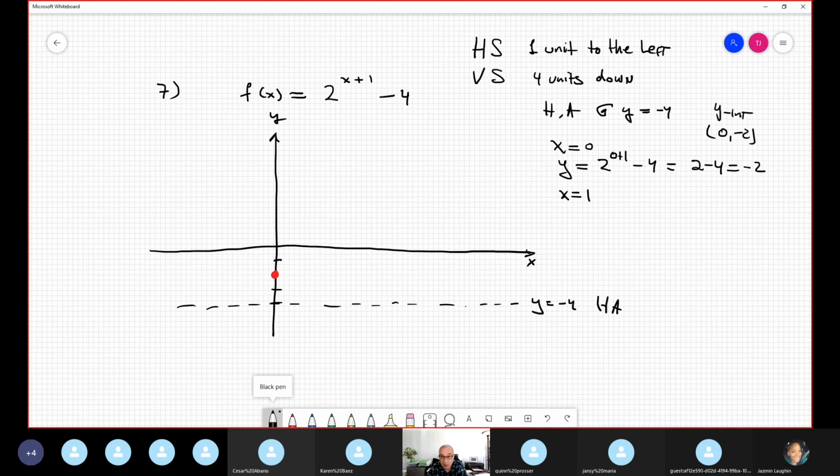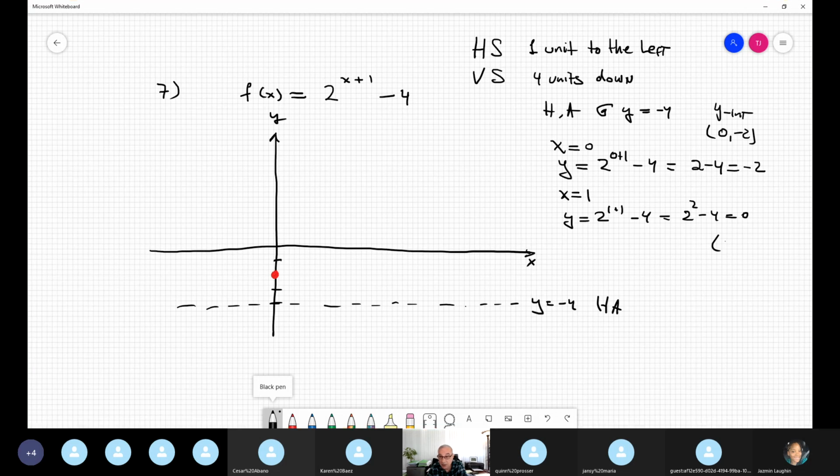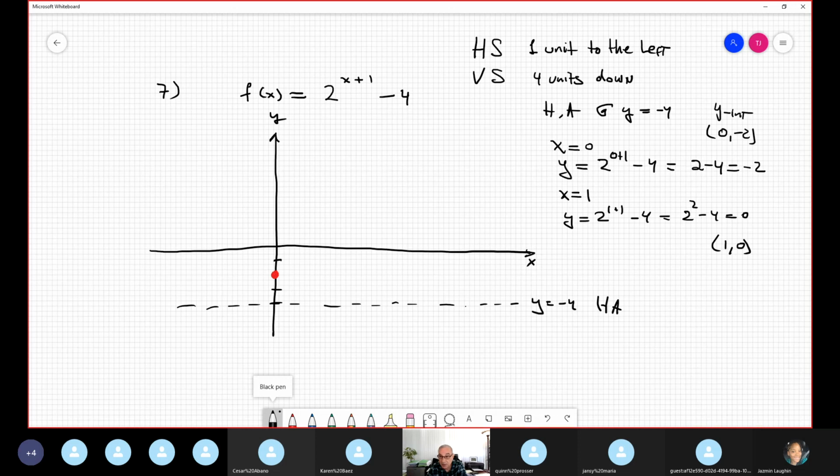Well, at x equals 1, y is equal to 2 to the 1 plus 1, minus 4. 1 plus 1 is 2, and 2 to the second power is 4. 4 minus 4 is 0. It's a coincidence that this point is (1, 0), which is the x-intercept. You always evaluate at 0 and 1.